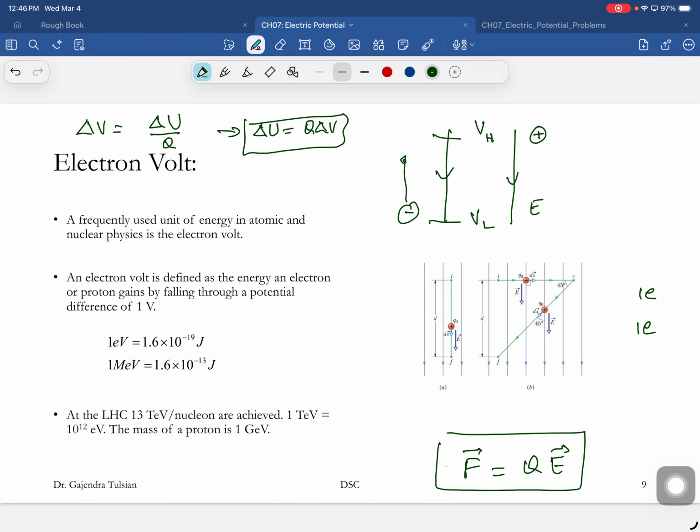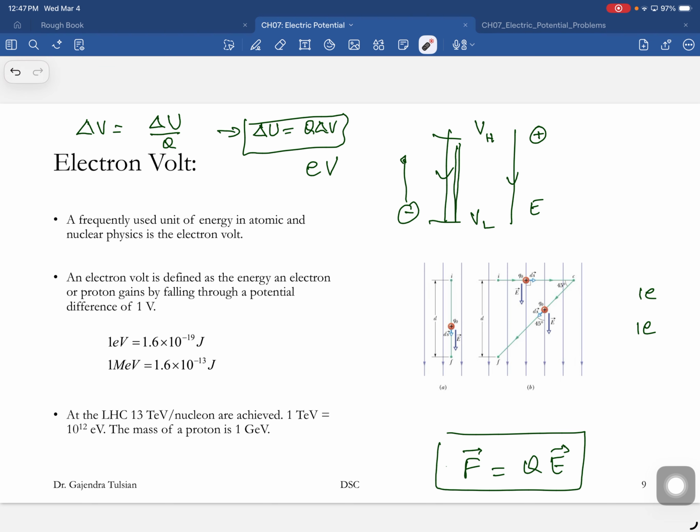Let's say there's a 1 volt difference between these 2 points. A proton will fall there and it will lose that much potential energy, e times 1 volt. And if an electron falls through this 1 volt, in that direction, it also loses 1 eV.